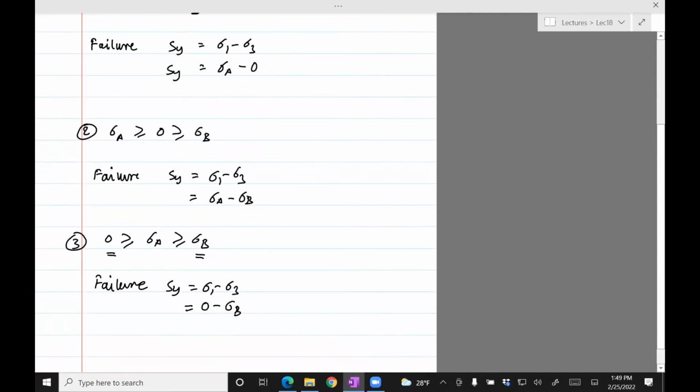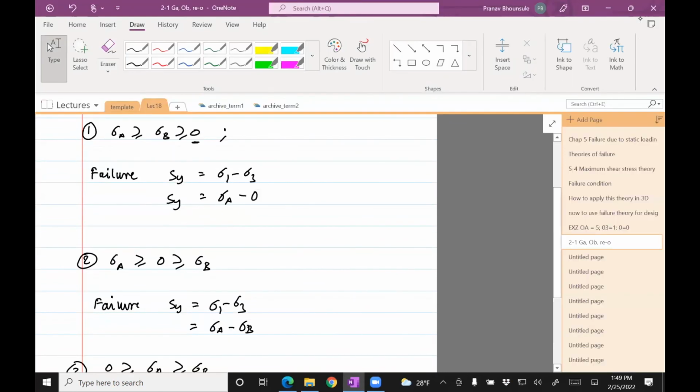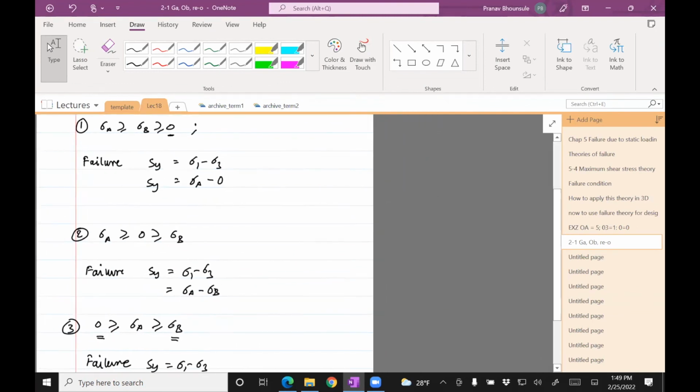So if you take all these cases, you can actually do a plot. And I'll go maybe 1 minute over time. I'm just going to show the plot formed by equations 1 to 3.